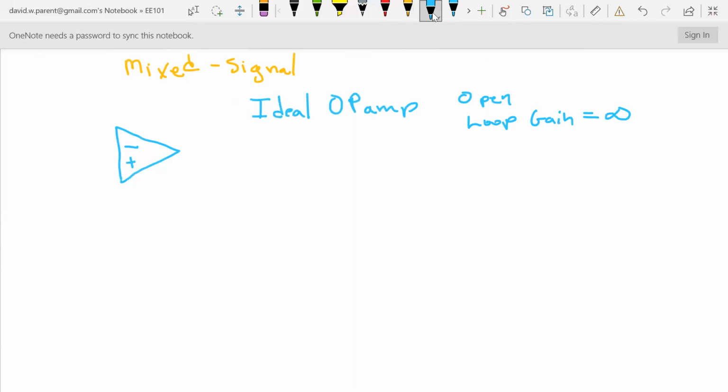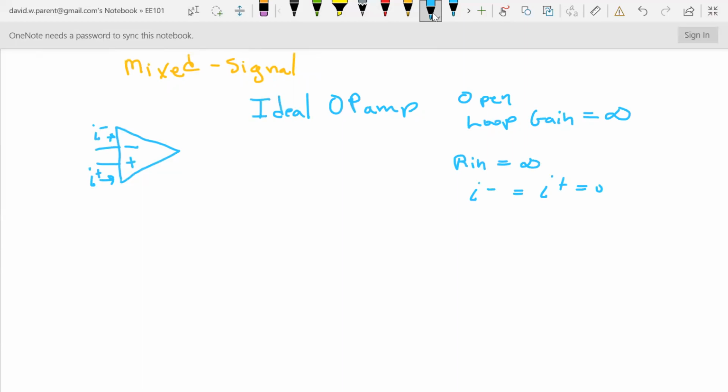I'll go into what each one is later; I'm just listing them. Another is Rin equal to infinity, which means I minus equals I plus equals 0. That's I minus, this is I plus. If between these two pins is infinite resistance, no current can flow.